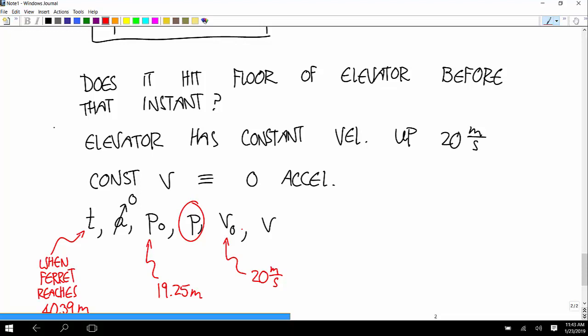It'll just make you think you can use equations that aren't going to work. If we assumed that the final velocity was 20 meters per second, that is true, but we're going to pretend like we don't know it. Okay? So really, we do know this. But we're going to treat it like we don't.